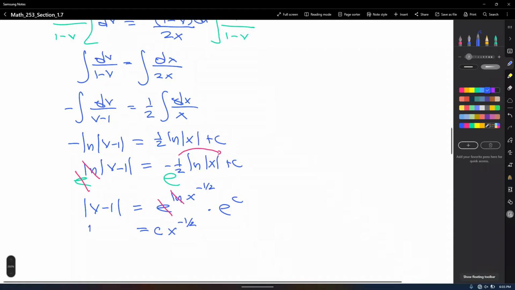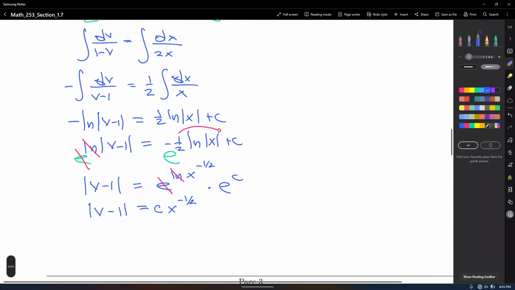And this is absolute value of v minus 1, which, well, I don't want to do the plus minus because the plus minus is going to get absorbed by the c on the right-hand side, right? So that's why at this point I can simply write v minus 1 equals cx to the negative 1/2 and keep going.